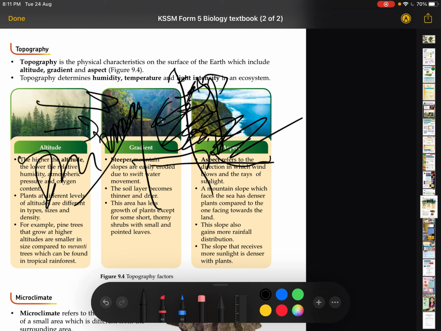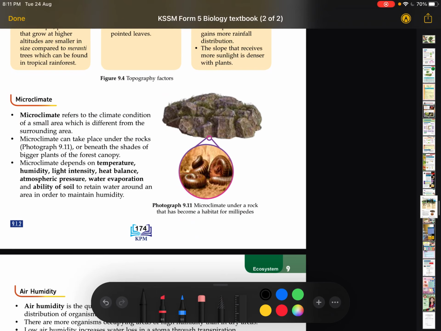So most of the rainfall will be in this part instead of this part. So that's why the part facing the sea is usually denser with plants, while the back part is less dense. I hope it's understandable.